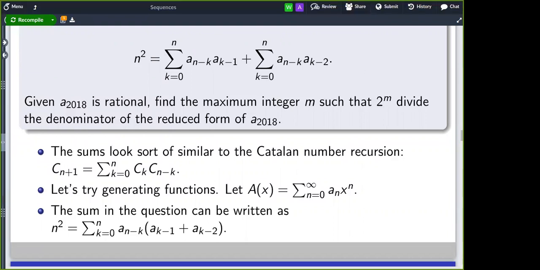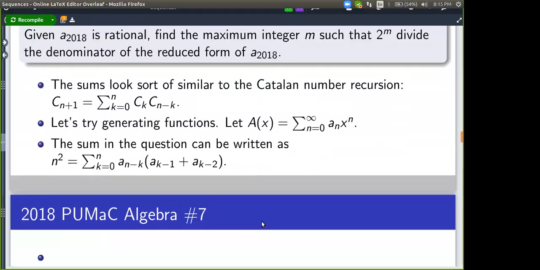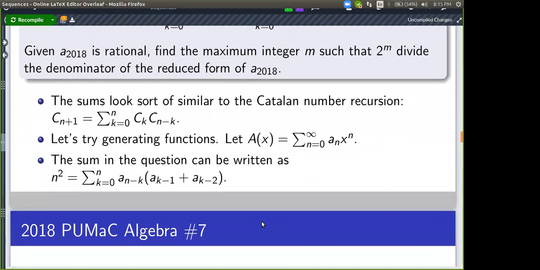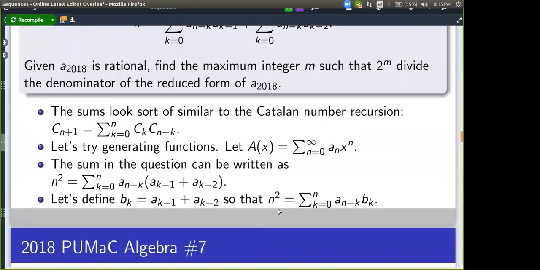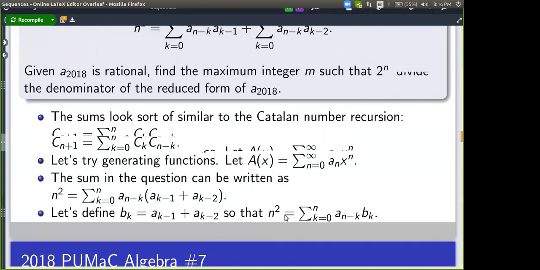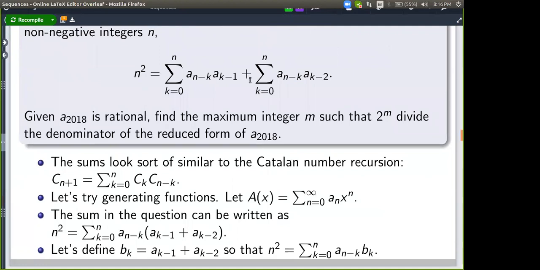So the problem with this sum is that it's not just a product of two terms. It's a product times the sum ak minus 1 plus ak minus 2. So the idea is to define bk as a new sequence. We define bk equals ak minus 1 plus ak minus 2 so that we get a very simple sum here.